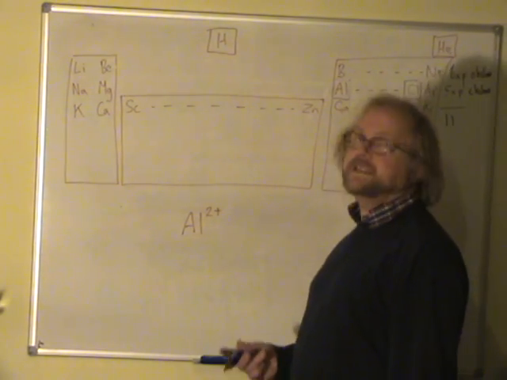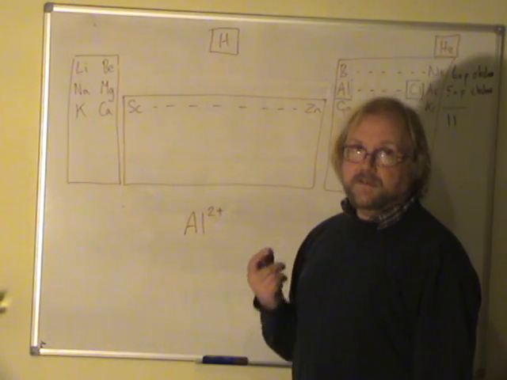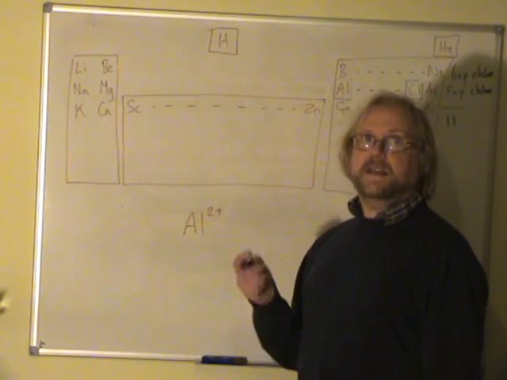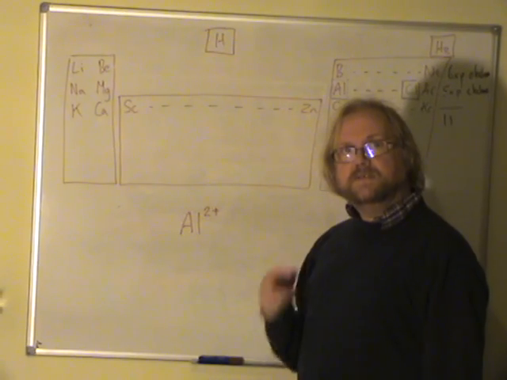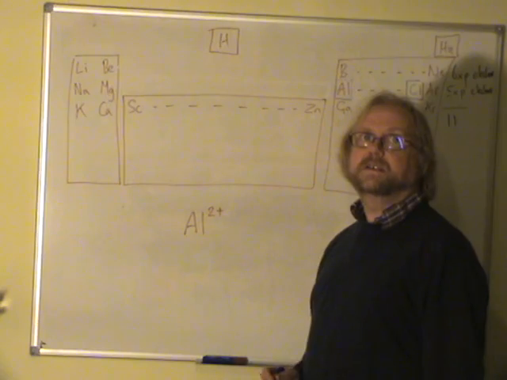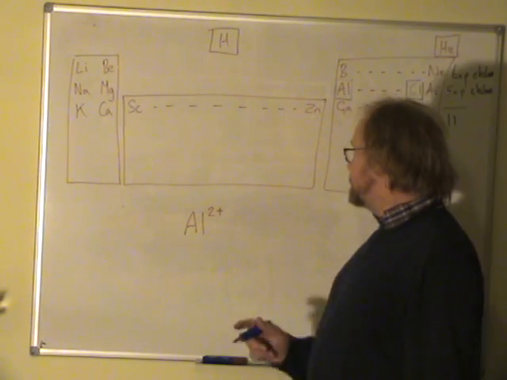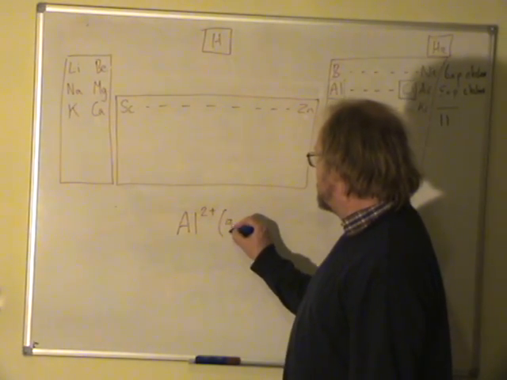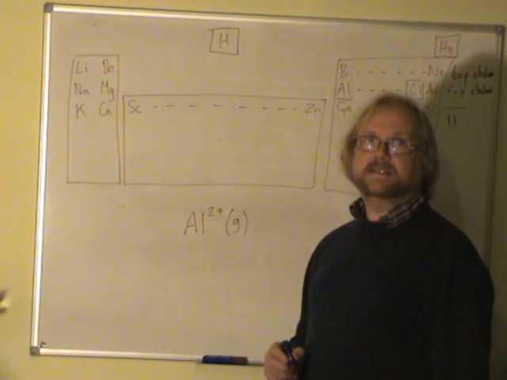And it says it wants state symbols, and remember, ionization is defined as the energy required to remove an electron from each atom in a mole of gaseous atoms of an element. So gaseous is the key there, you've got to have that state symbol.